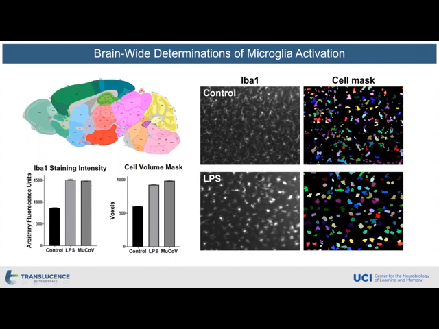Also, the area of the cell masks increases in the inflammatory condition induced by LPS or mouse coronavirus. And this makes sense because we know that when microglia become activated, they bunch up and become more amoeboid in form, and that we can now quantitatively detect that using the cell volume mask really gives us an incredibly powerful analytic tool for identifying inflammation by region.